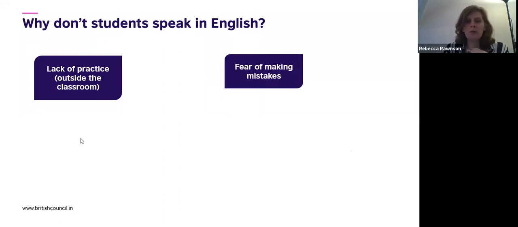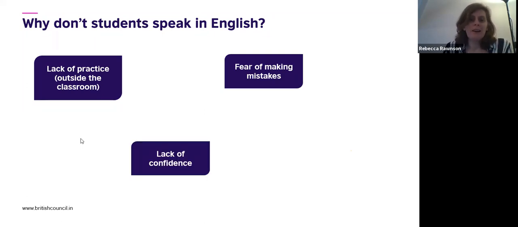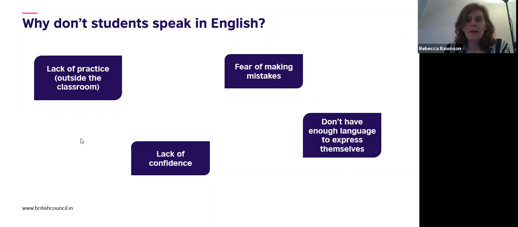Fear of making mistakes was another common one. This was a fear that students felt about being bullied or mocked by their classmates. They're just embarrassed about making mistakes. A lack of confidence was cited by many of you, where students don't feel comfortable or confident to use the language that they have. And the fourth one in the top four was that students don't often have enough language to express themselves.